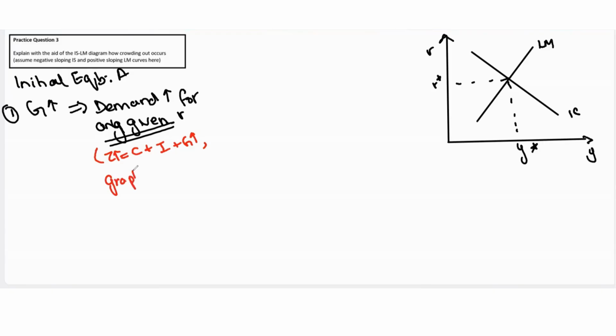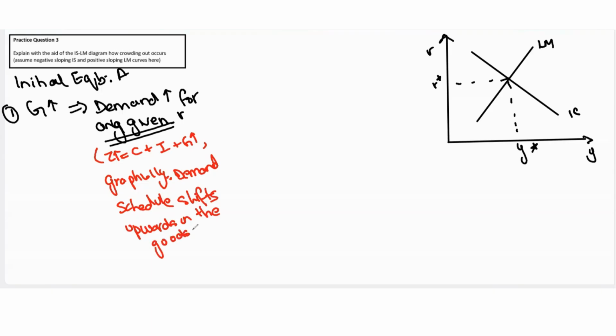Graphically, that means the demand schedule shifts upwards in the goods market model.